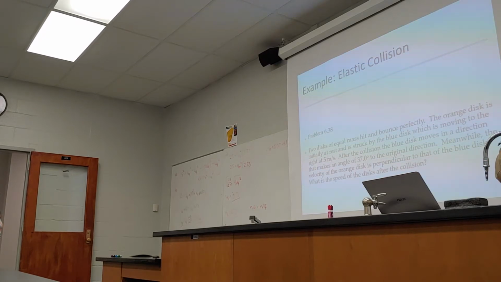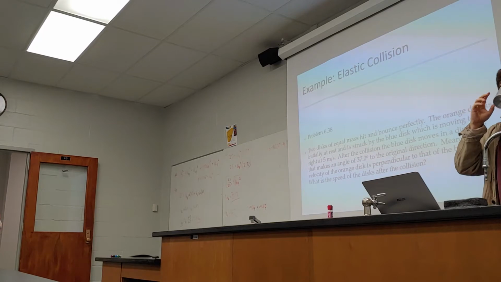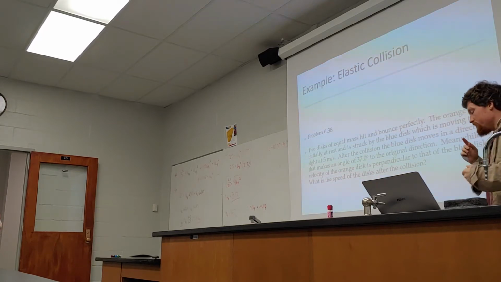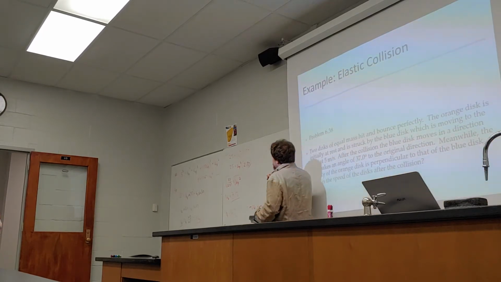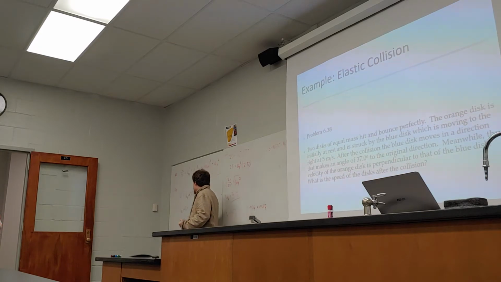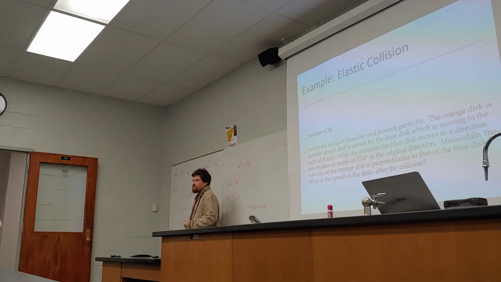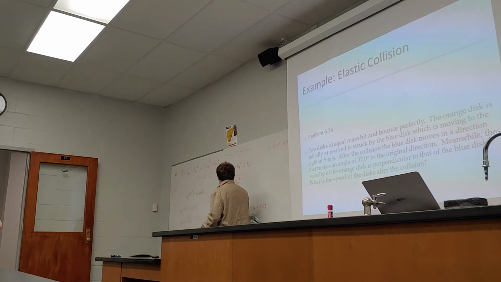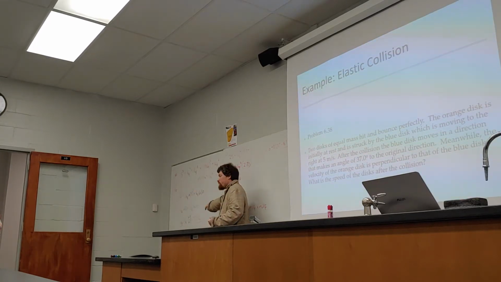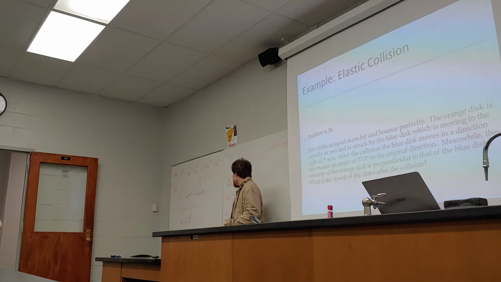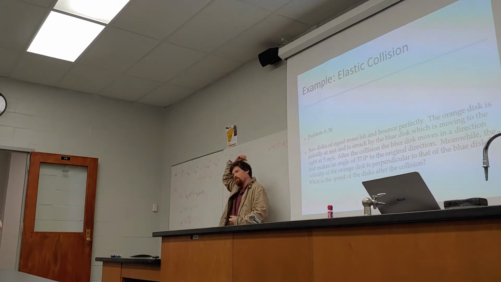Yes. Why did you find the VDF? I thought we already found it right over there. We did find VBF. It's equal to 1.33 times VOF. And if VOF is 3, if you put the 3 over there, you get 4 for VBF.